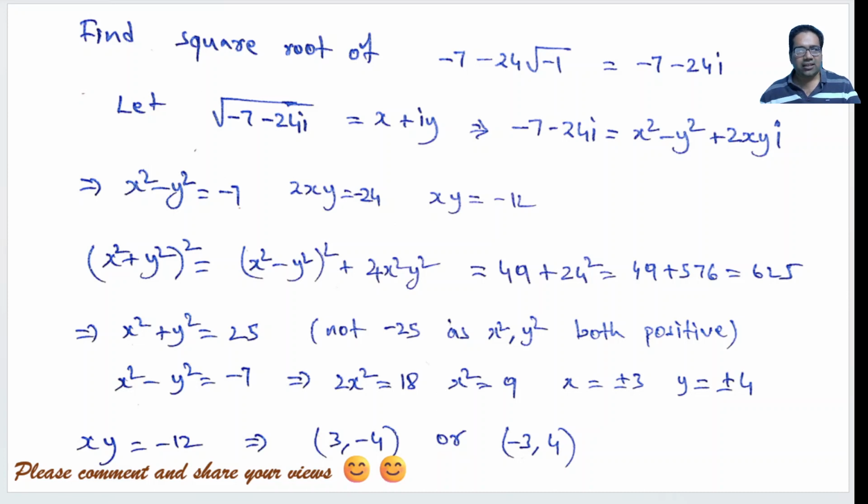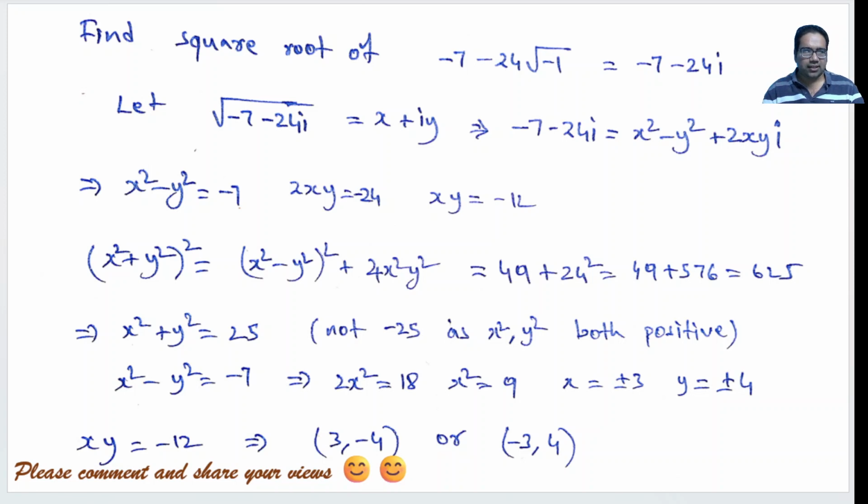Similarly, for y, xy is -12. So y can be -4 or +4. The order is actually that when x is positive, y should be negative, and when x is negative, y should be positive.